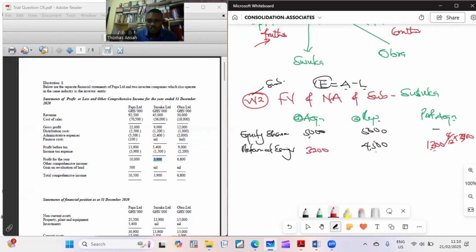Straight up. So it's 4,500 minus the 1,003. That's the only way you can get this post-acquisition. So basically, that is that. Easy peasy.